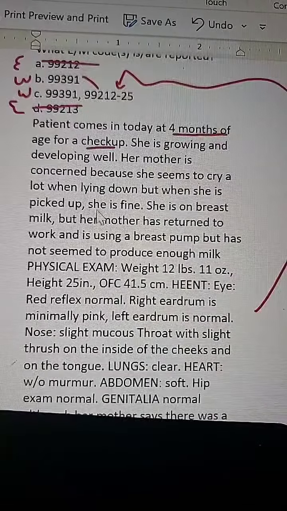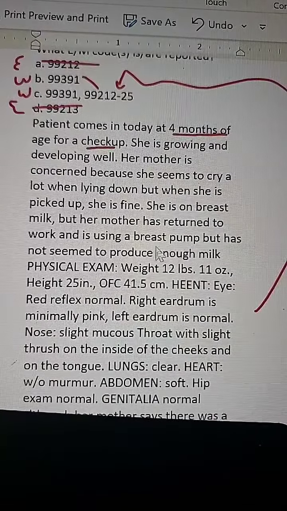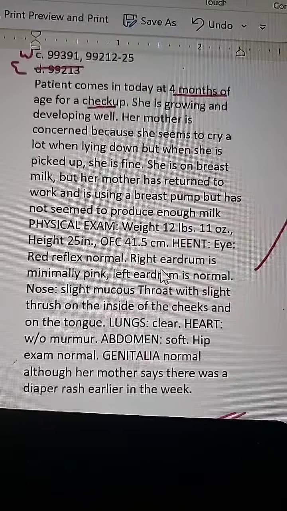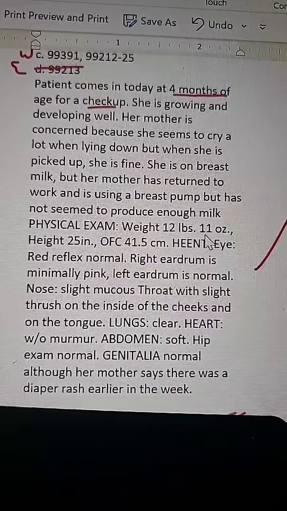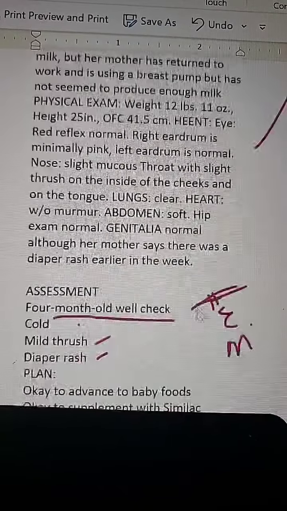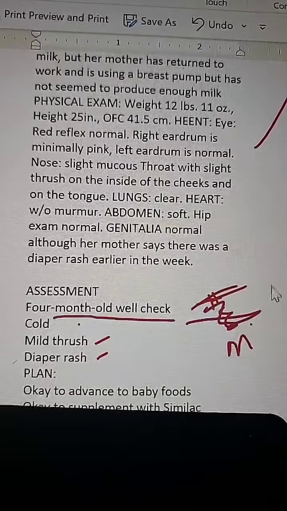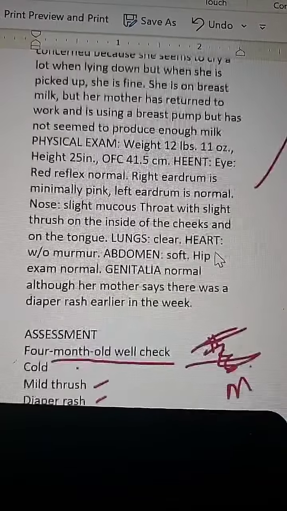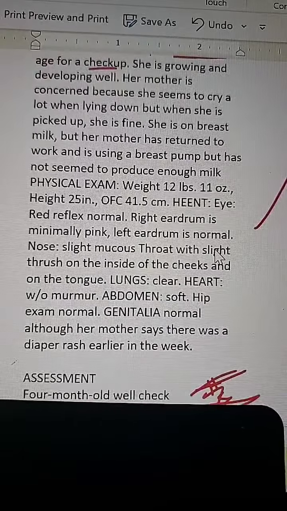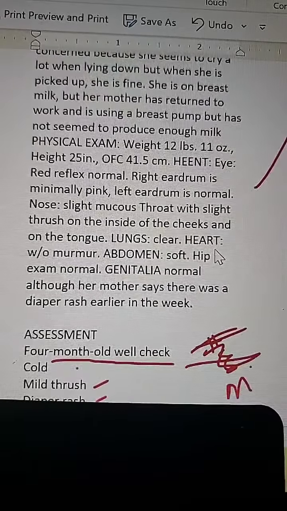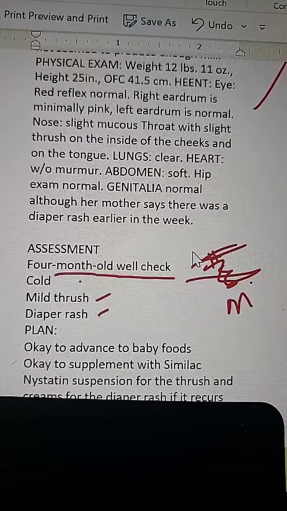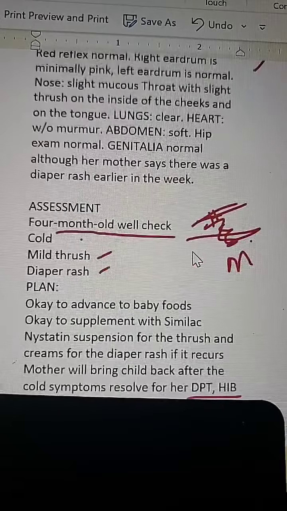Did the doctor do a separate identifiable exam for a diaper rash that would not already be included in the wellness exam? Technically, no. Because they're going to check you from head to toe for the wellness anyway. Was there any procedure done, like a removal of a wart or something that could have been billed? You know, those kind of things.